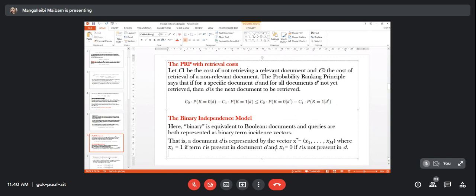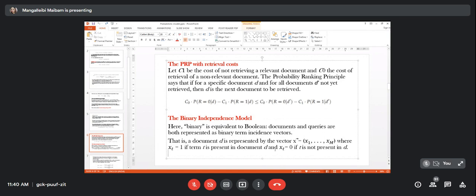document. The concept is the same as in the Boolean retrieval model, where we just consider the Boolean matrix representing zeros and ones for term presence. If the term is present in the document, we represent it by 1. If the term is not present in the document, we represent it by 0.